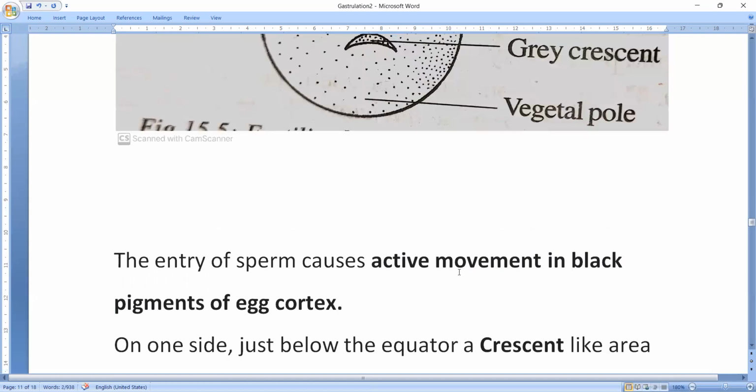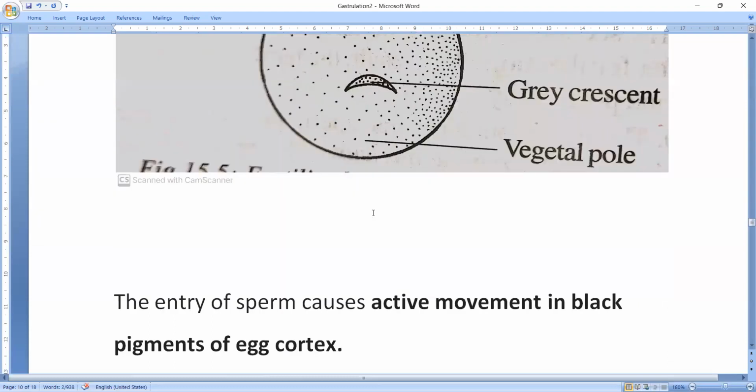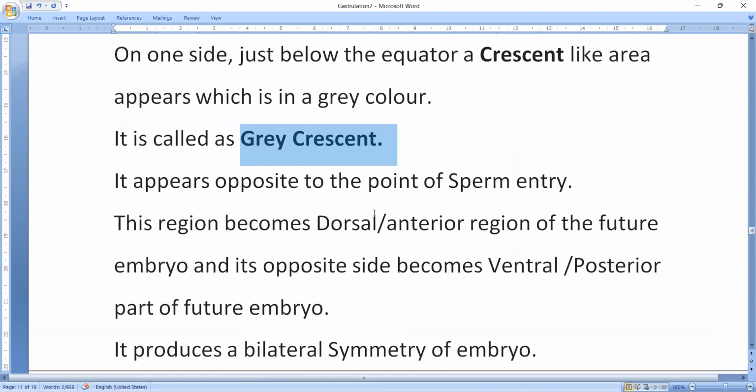I will show this in the diagram. If this is the equator, the gray crescent will be here. The gray crescent is a very, very important part of the amphibian embryo.